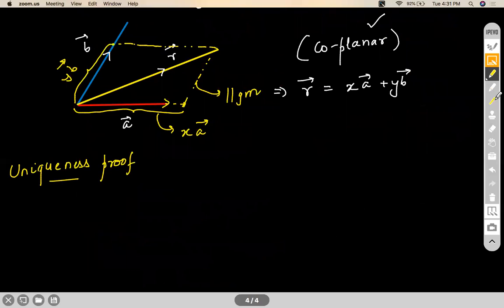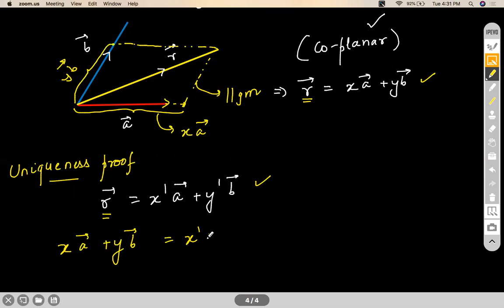Let us say there could be one more possible representation for R as X dash A plus Y dash B. So what I was claiming is that the representation of X and Y for that particular R will be unique, right? So now I'm assuming there is another expression for R, as X dash A plus Y dash B. Now, since both these expressions represent the same vector R, we can equate them.